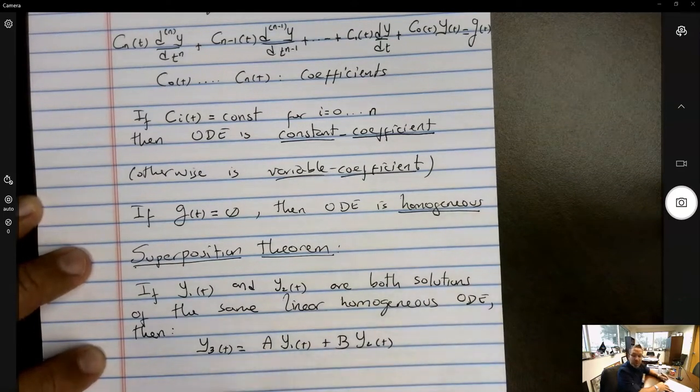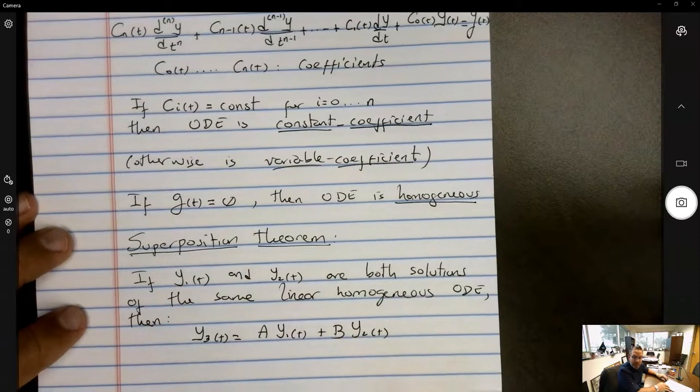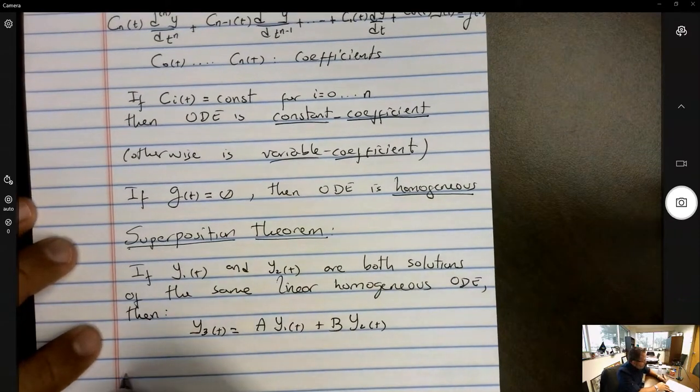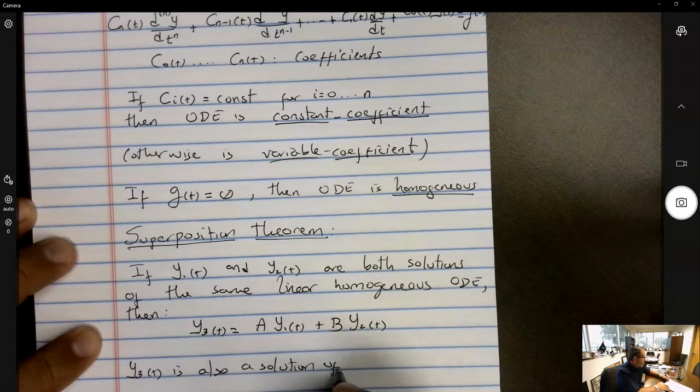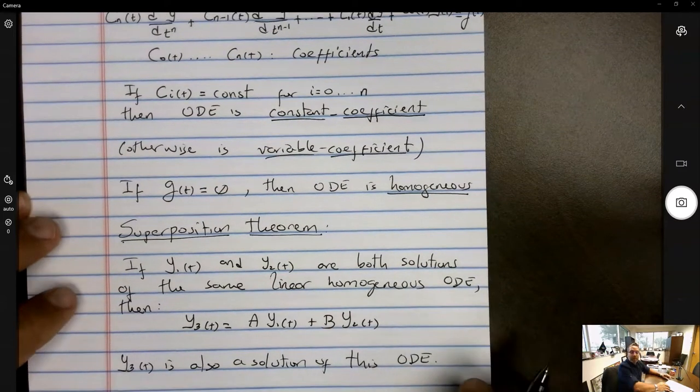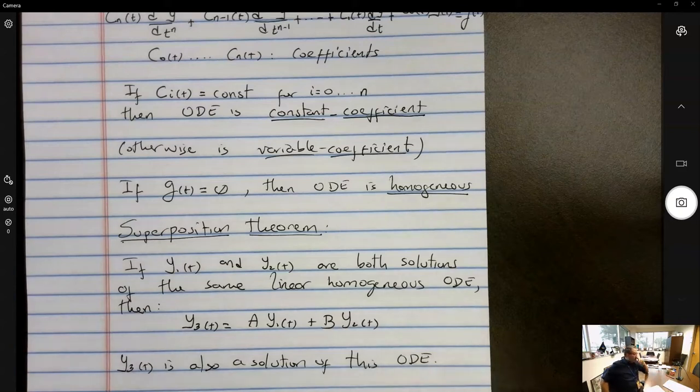So we can construct a third solution, y3. Then y3 of t is also a solution of this ODE. All right, so this tells you a couple things. First of all, it tells you that a linear homogeneous ordinary differential equation can have more than one solution, right?